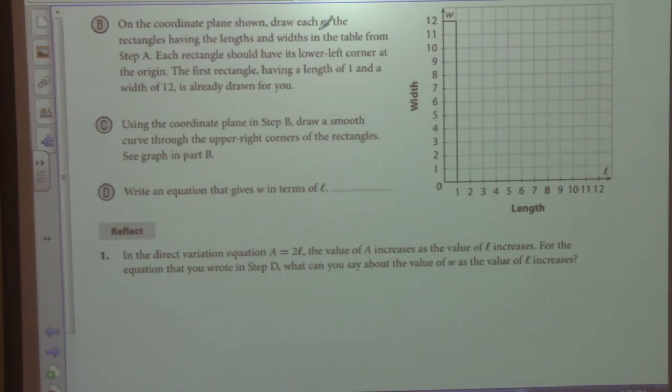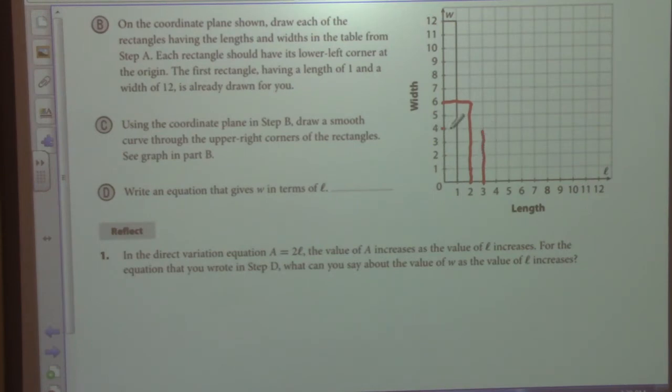On the coordinate plane below, draw each of the rectangles having the lengths and widths in the table from step A. Here we have drawn in already the 1 by 12. The second one that Bryce gave us was this 2 by 6. The next one that someone else gave us was a 3 by 4.